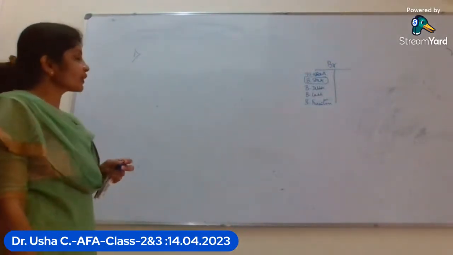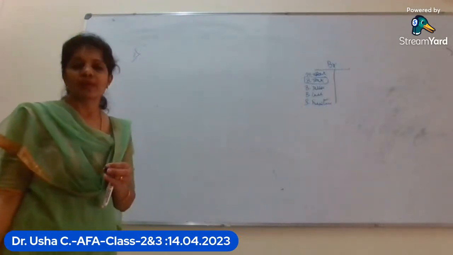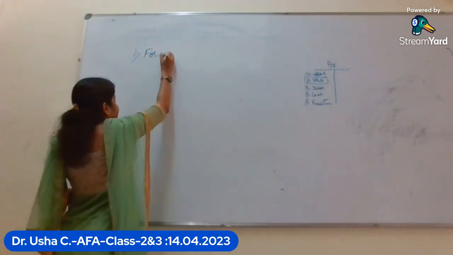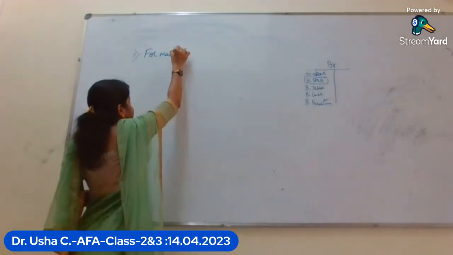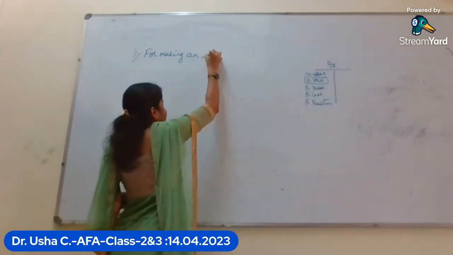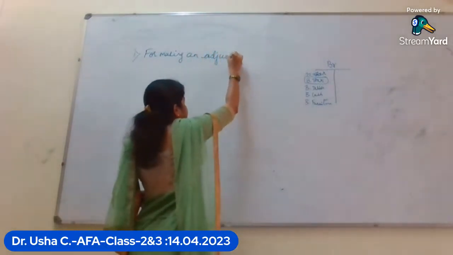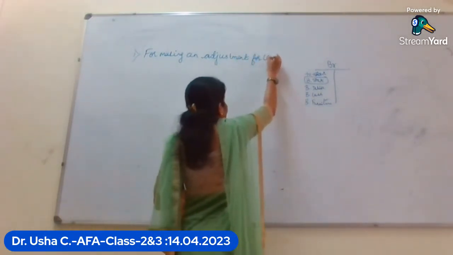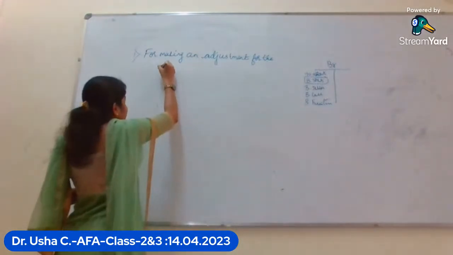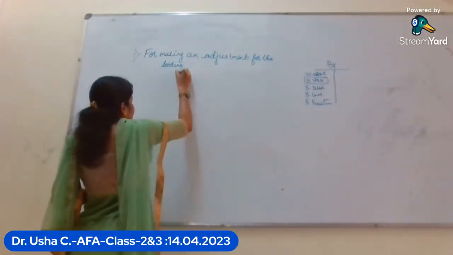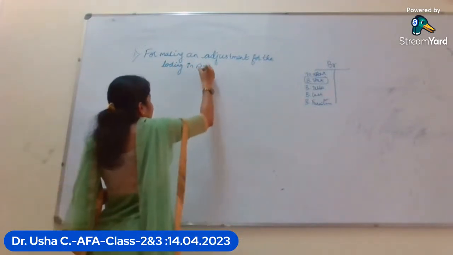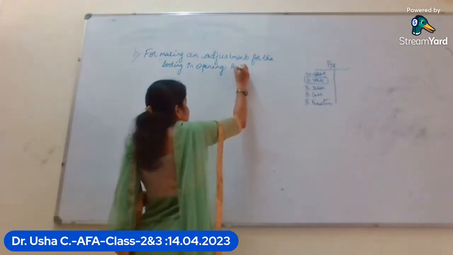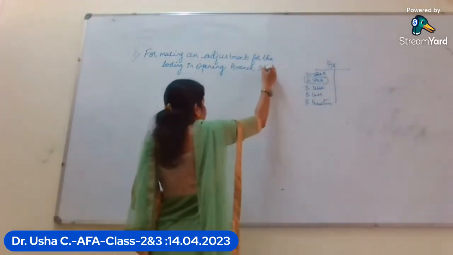For that, the first entry is for making an adjustment for the excess price or loading in opening branch stock.